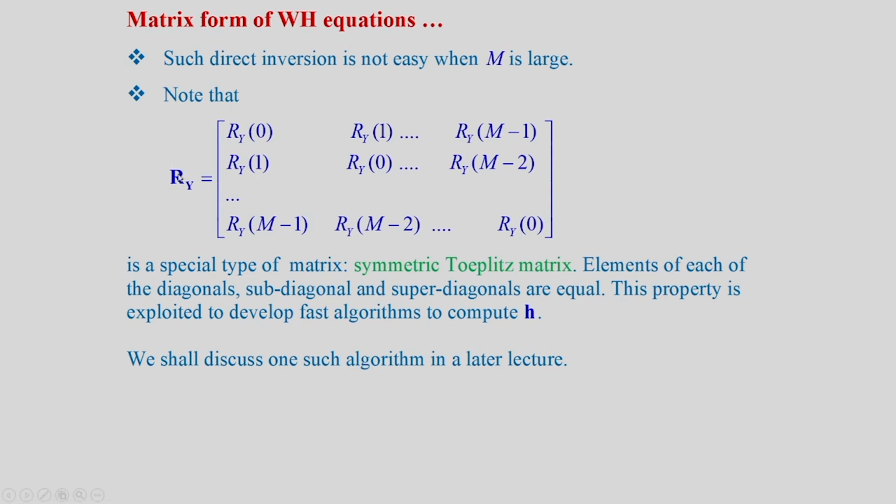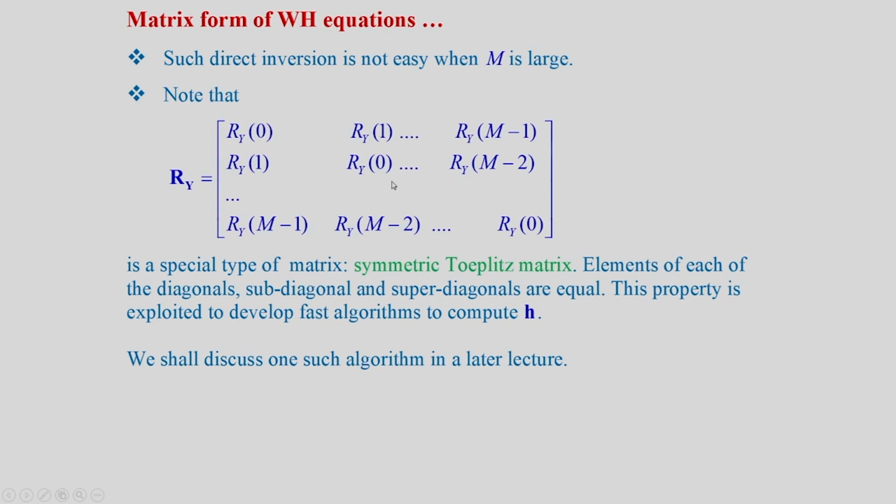Now, let us examine this R y matrix. We see that all its diagonal elements are R y 0. Similarly, these super diagonal elements will be R y 1, all elements will be R y 1. Similarly, all elements along this subdiagonal will also be R y 1. So, that way R y is a special type of matrix, what is known as the symmetric Toeplitz matrix.